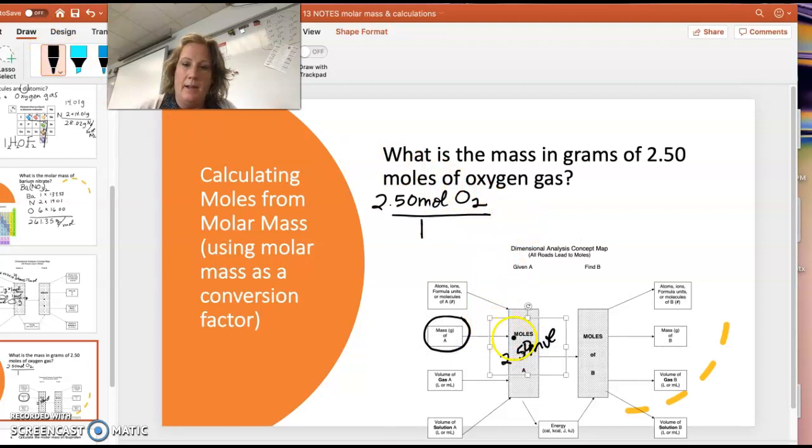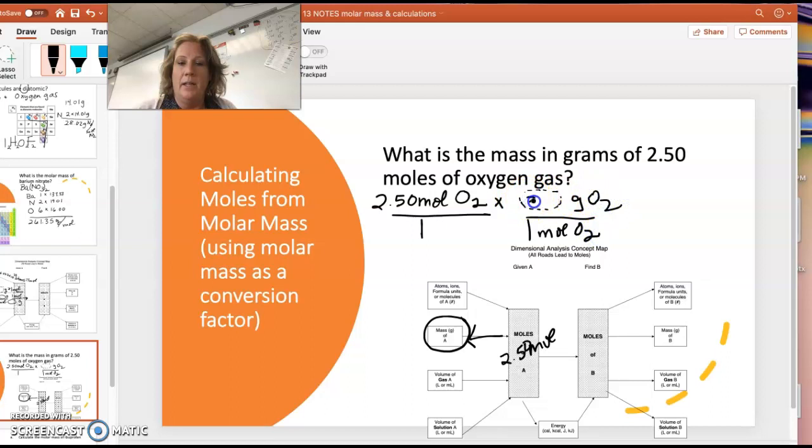Then I'm going to go from mole over here to grams, which means I'm going to multiply by the molar mass of O2. So it's not 16, but it's 32. And then when I do the calculation, my moles will cancel. I'll be in grams. I'll want 3 sig figs. So I should get 80.0 grams of oxygen.